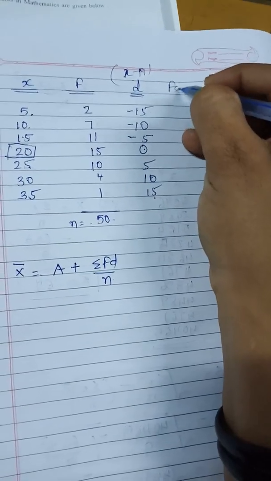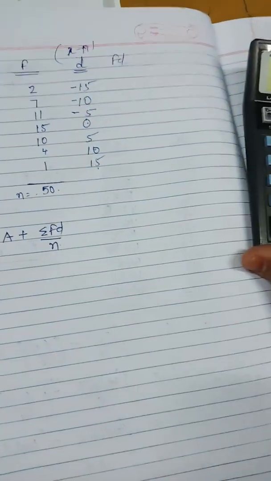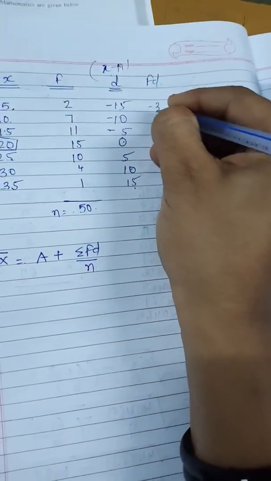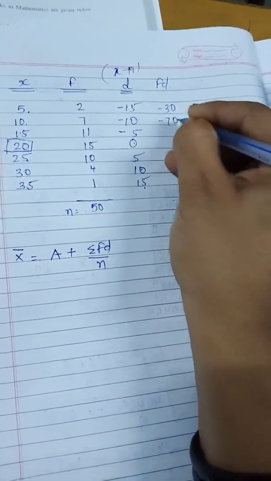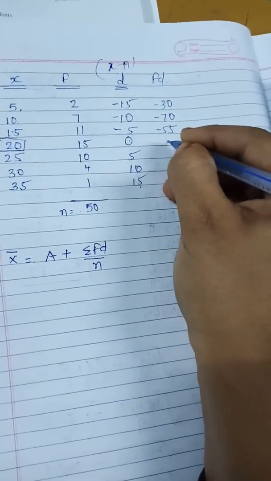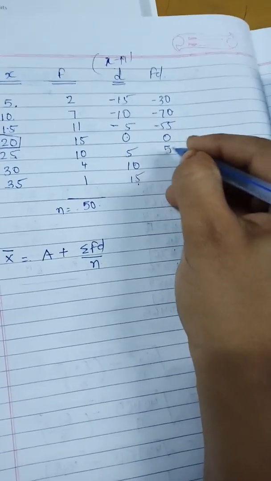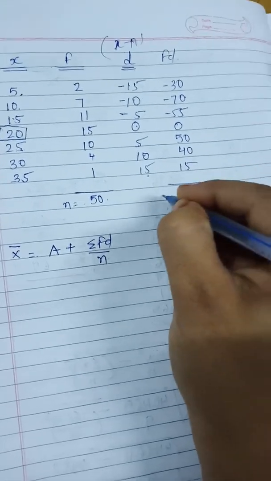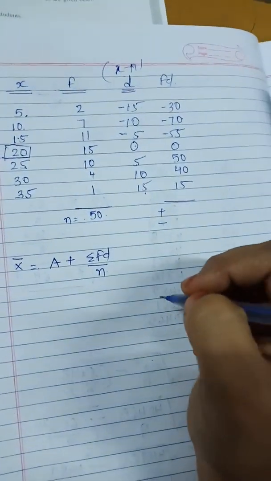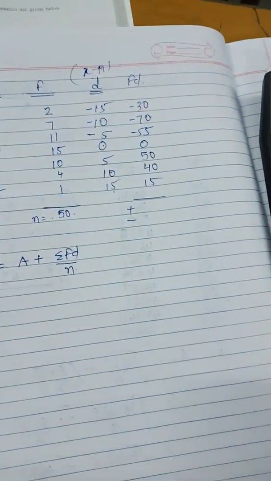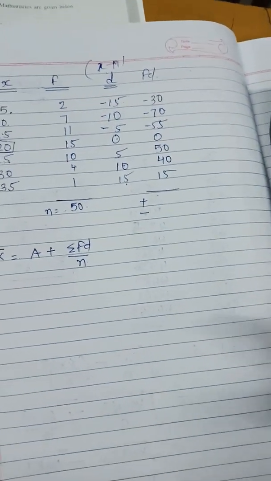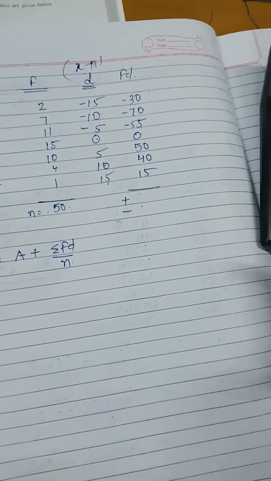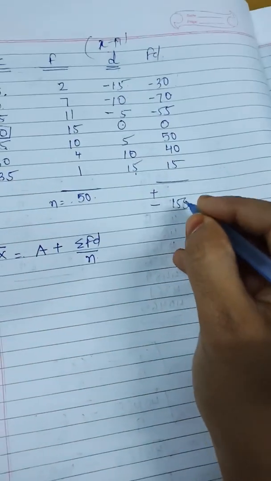Then the next will be FD, so that is 15 into 2, which comes to 30. Then 70, 55, 0, 50, 40, 15. Positive and negative terms. Okay, so negative terms, 70 plus 30, that is 100. 100 plus 55, that is 155.